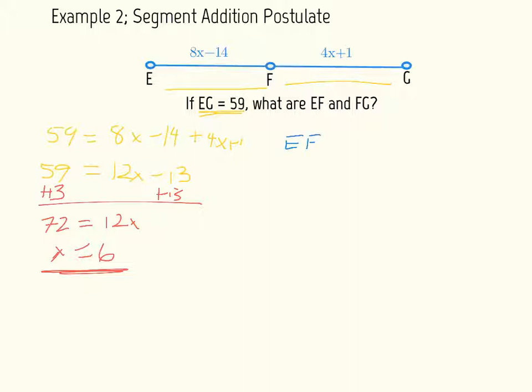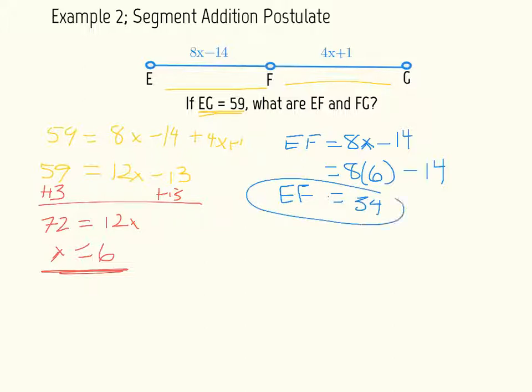EF is equal to 8x minus 14. So then I'm just going to plug in what I know. 8 times 6, because my x is 6, minus 14. So EF, the length, is going to be 8 times 6 minus 14, which is going to give me a 34.